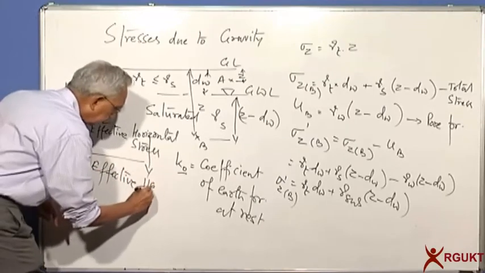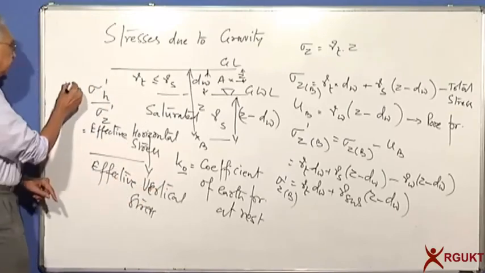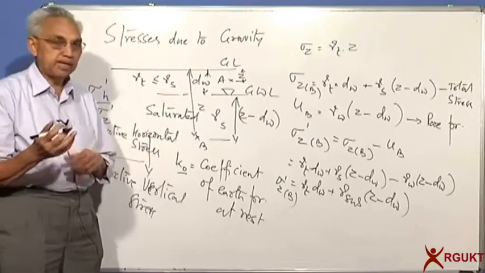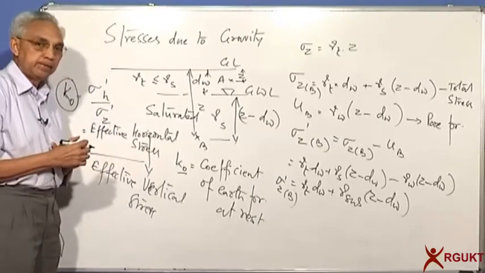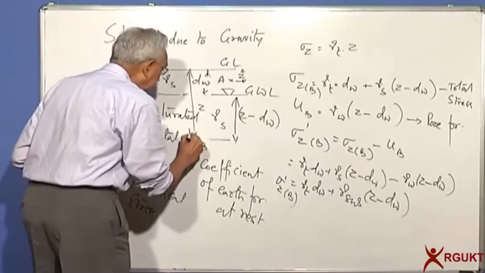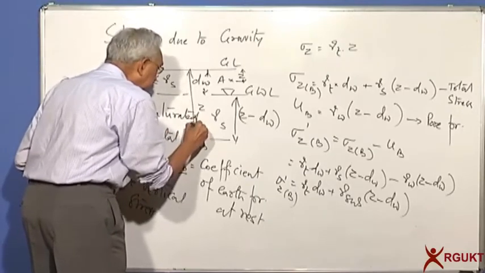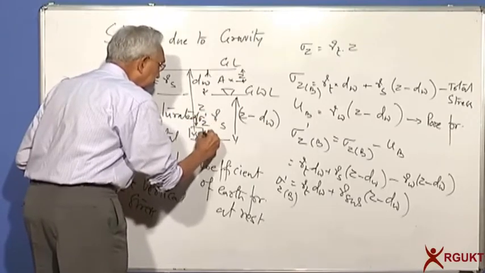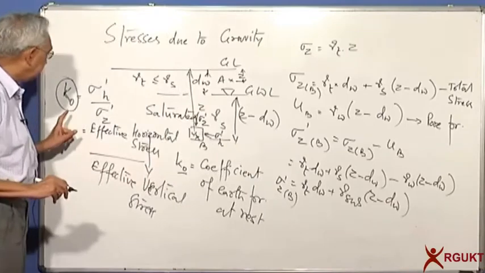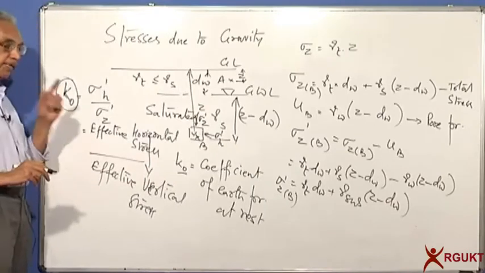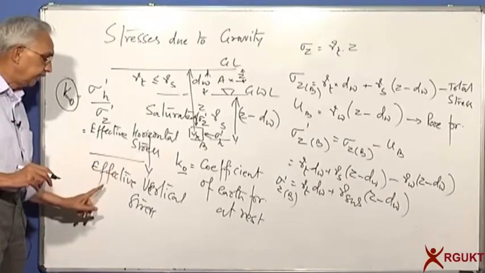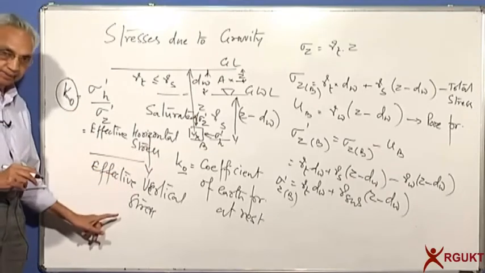So if you know this property of the soil, which is a function of its strength or elastic properties, you can calculate what will be the horizontal stress. So when I have an element here, now that you know sigma dash Z, you can calculate sigma dash H. Please remember, K0 defines the ratio of the two effective stresses, effective horizontal stress divided by effective vertical stress.